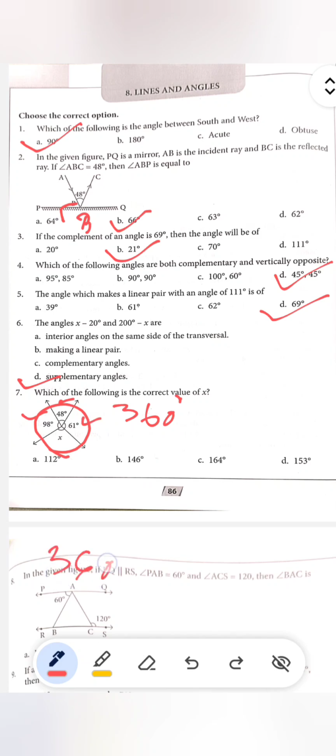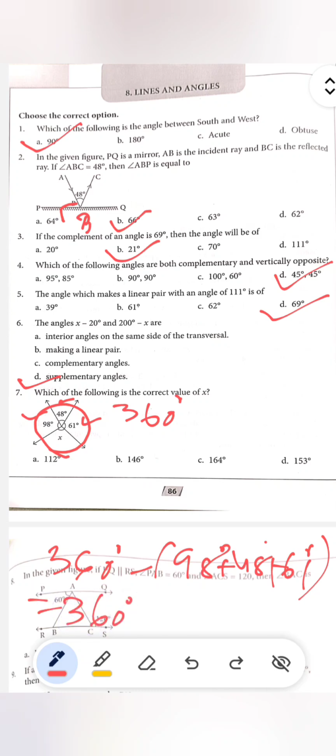So 360 degrees minus 98 degrees plus 48 degrees plus 61 degrees. So what is that? 8 plus 8, 16 plus 1, 17, 7 carry 1, 9 plus 6, 15 plus 1, 14 plus 1, 19, 197. So 10 minus 7 is equal to 3.